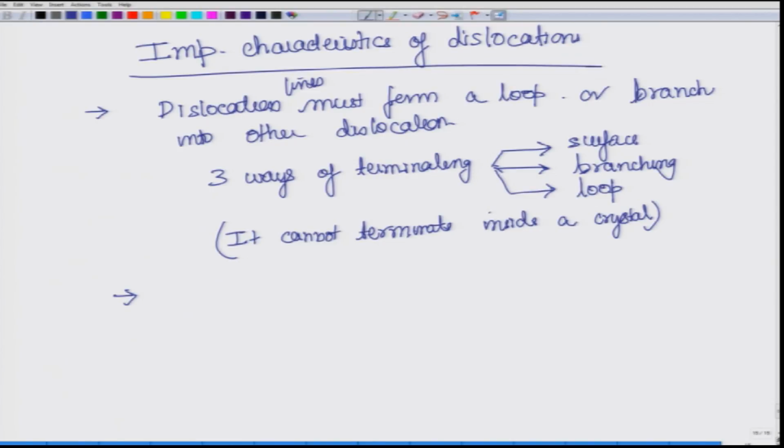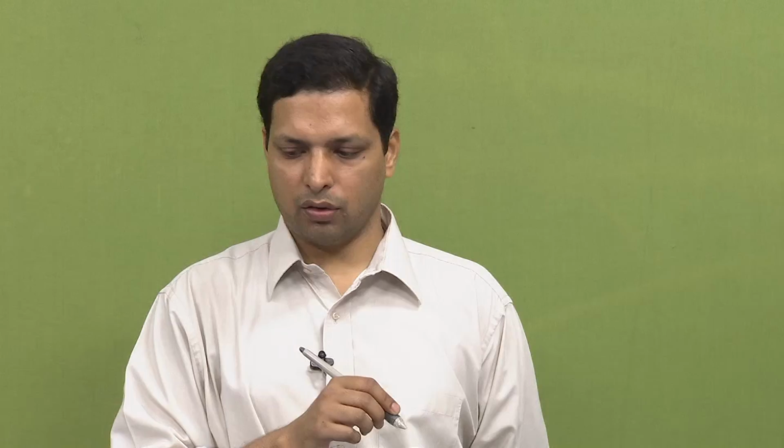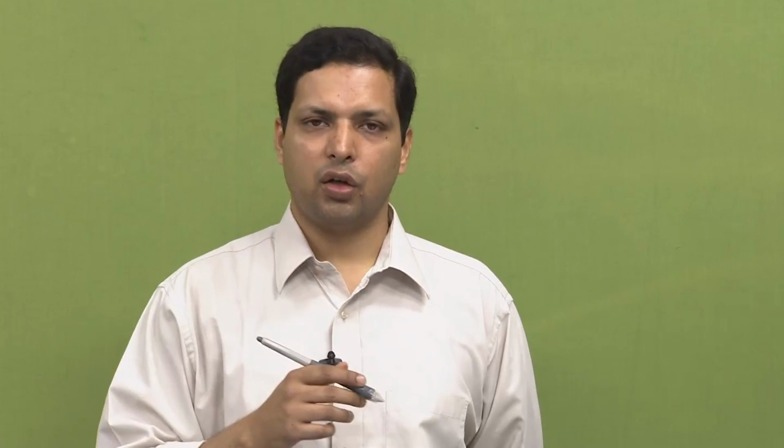Another important characteristic which we have said is that line direction can change, like you saw in the case of mixed dislocation. However, when we are talking about the Burgers vector, you would see it remains constant. We have not explicitly shown it for the mixed part, but you saw that the Burgers vector for the screw component and the Burgers vector of the edge component for the same dislocation line remained the same, and in between also we are not showing it explicitly, but that is a fact that the Burgers vector would remain constant.